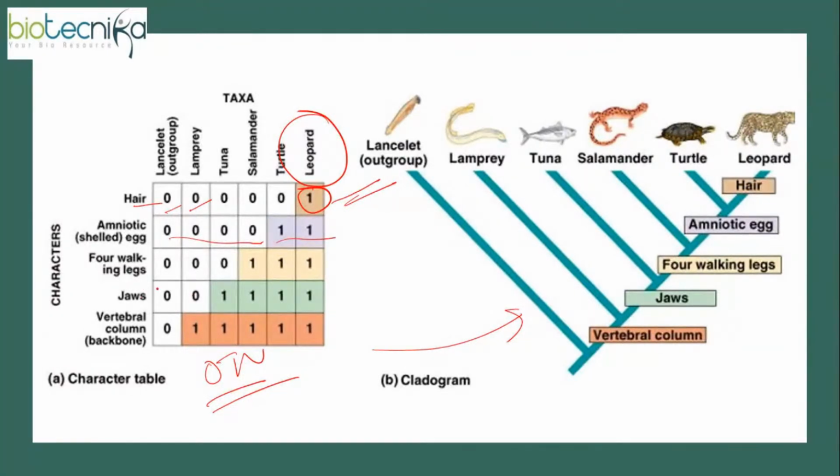Four walking legs is absent up to tuna, but present for the others. The last character we are taking up, vertebral column, is present from lamprey to leopard. So the most abundant character shared is vertebral column. It's very interesting, because depending on the OTU, you have to frame the cladogram.